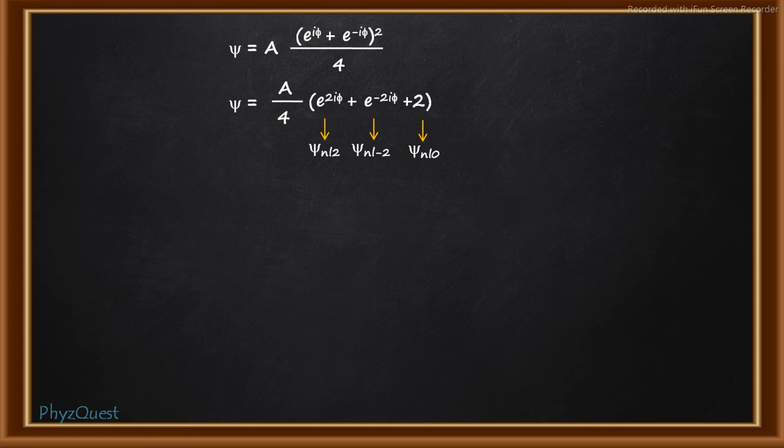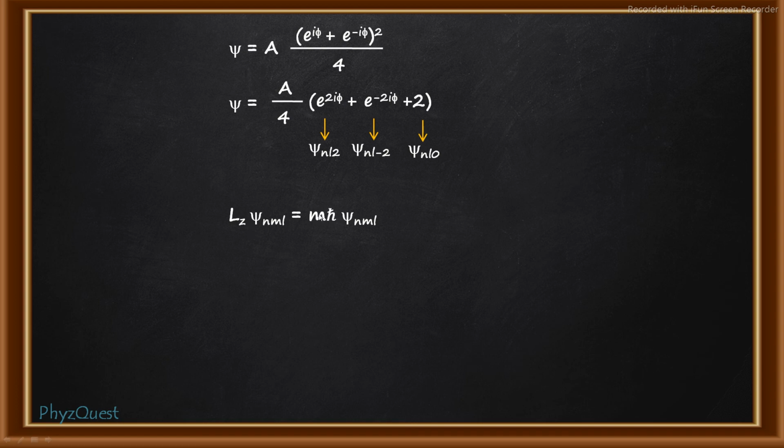Now we operate the z component of the angular momentum operator on them to find the eigenvalues. Lz psi n l m is equal to m h cross psi n l m, so m h cross is the eigenvalue we get when we operate the z component of the angular momentum operator on a general wave function of the hydrogen atom.